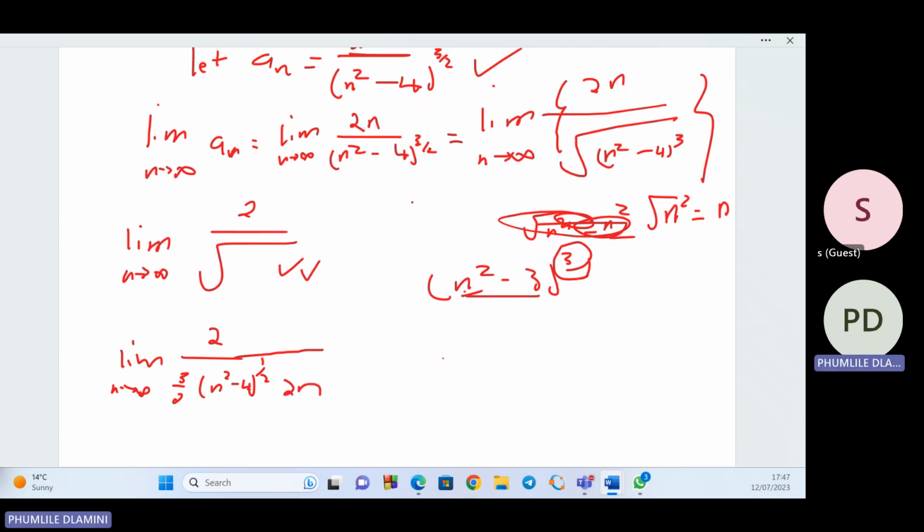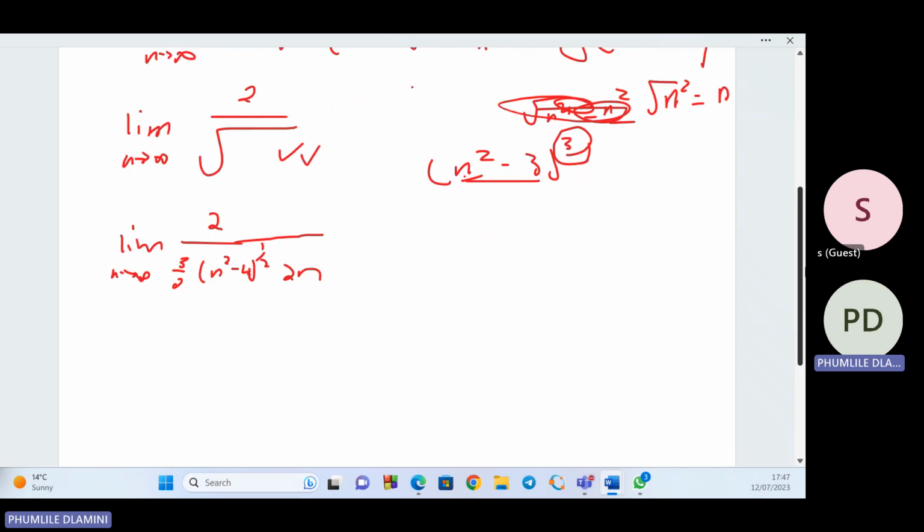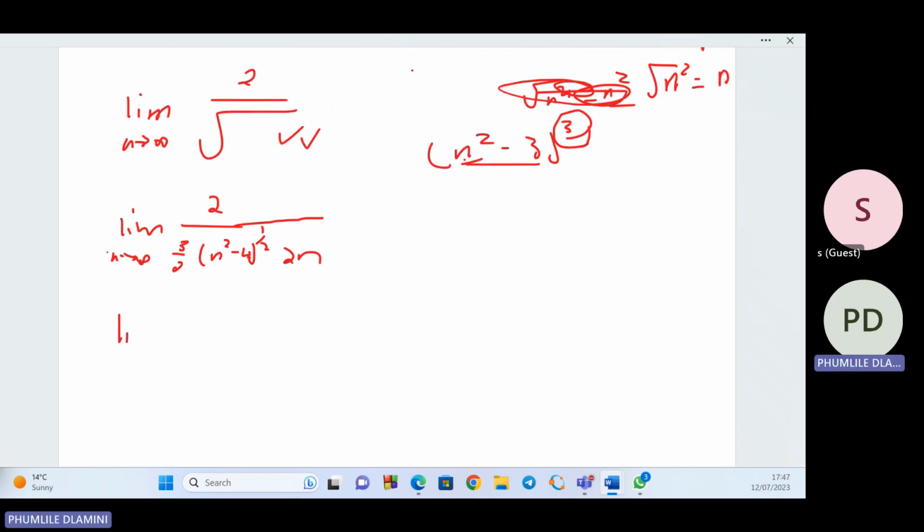Now when we simplify, this is equal to the limit as n approaches infinity of 2 over, this 2 here cancels with this one.